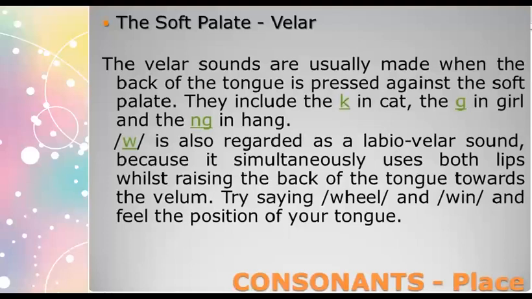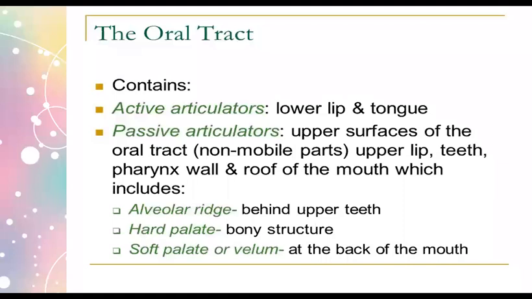Now the fourth condition, that is the articulators. I told you that articulators are divided into two types, the active articulator and the passive articulator. So articulators are nothing but organs of speech. Of the various articulators, at least two are required for the production of any speech sound.